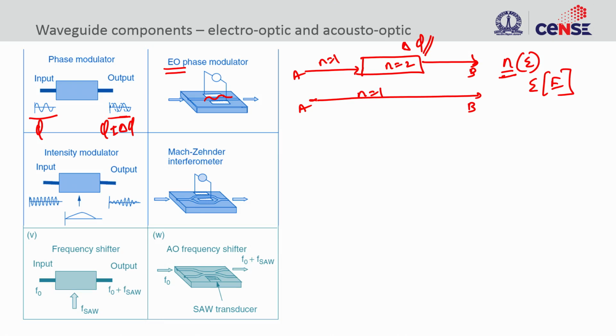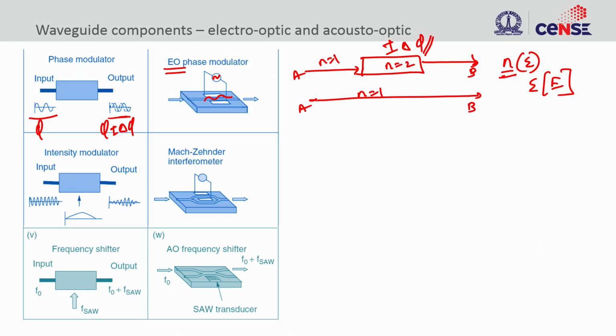So, you can apply a DC or you can apply an alternating current. By applying an alternating field, you can change the phase, oscillating between plus and minus delta phi, right. So, if you want a constant change, you can apply a DC, right.